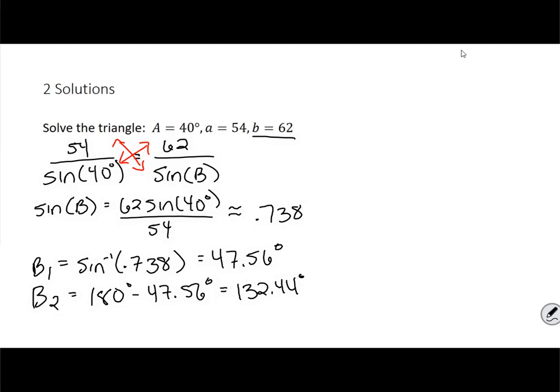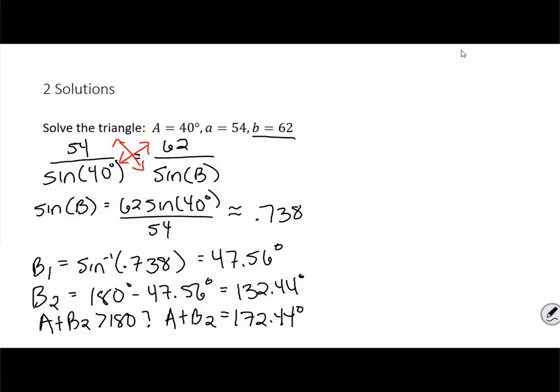So we need to verify. If you didn't know that this was two solutions, you could quickly verify that this angle does indeed work. So I need to check, is angle A plus angle B2 greater than 180? A plus B2 is only 172.44 degrees.